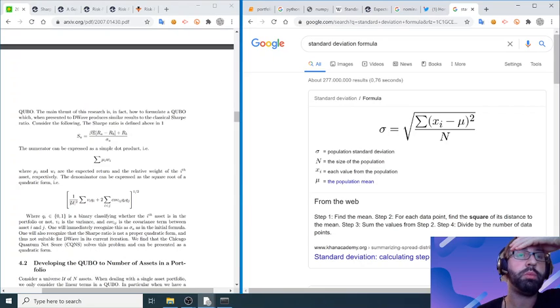So qubit 1 represents asset 1, and so we've got the variance. Oh no, where Qi is a binary classifying whether the ith asset is in the portfolio or not. Okay, one will immediately recognize this as the deviation in the initial formula. One will also recognize that the Sharpe ratio is not a proper quadratic form and is not suitable for D-Wave.